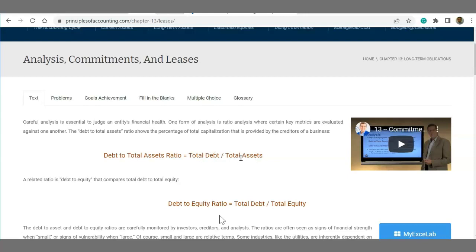So debt divided by total assets gives you a ratio. If the ratio is higher, then the risk is higher because more debt means more risk, more obligation of interest payment. So if you are comparing in your financial analysis presentation for a solvency ratio, this is a very good ratio to use, debt to asset ratio.